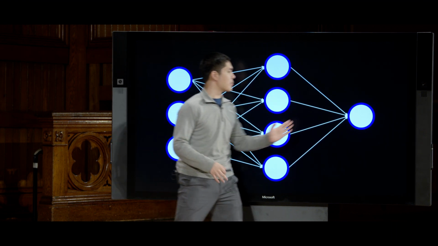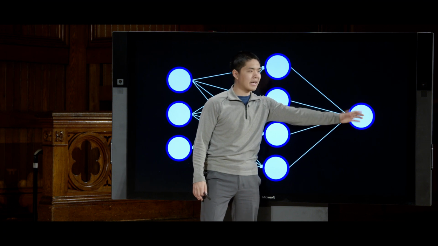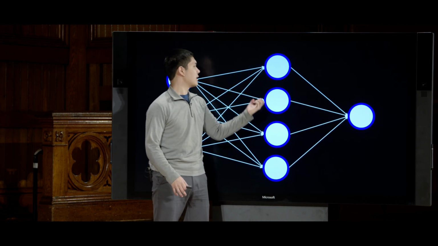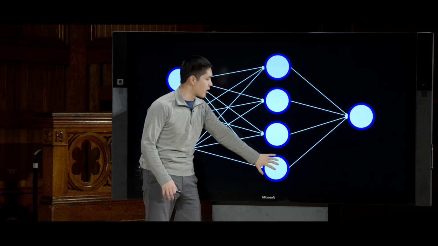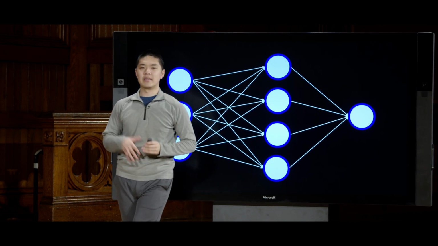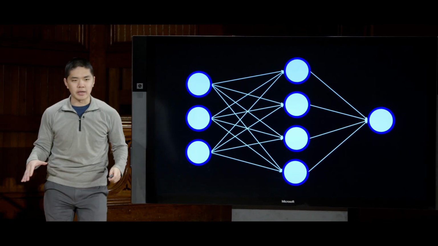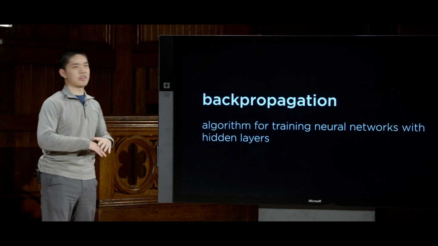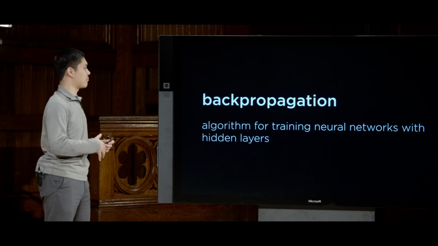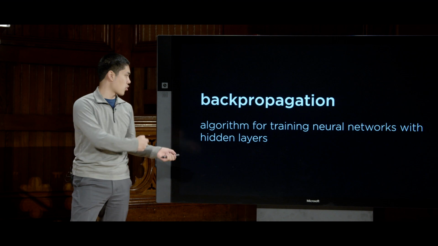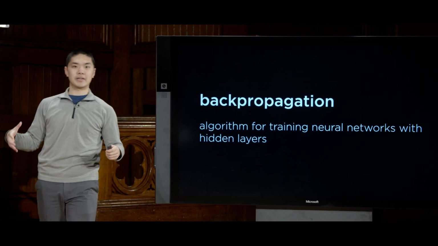In effect, saying that based on the error from the output, I can backpropagate the error and figure out an estimate for what the error is for each of these nodes in the hidden layer as well. And there's some more calculus here that we won't get into the details of, but the idea of this algorithm is known as backpropagation. It's an algorithm for training a neural network with multiple different hidden layers.